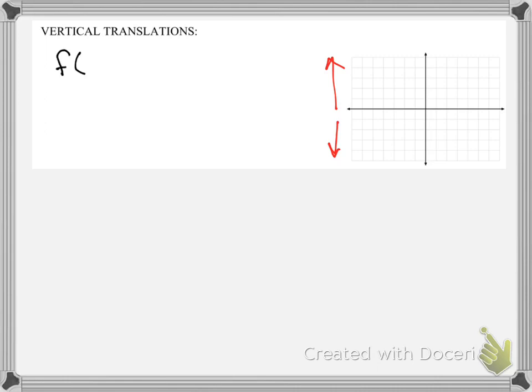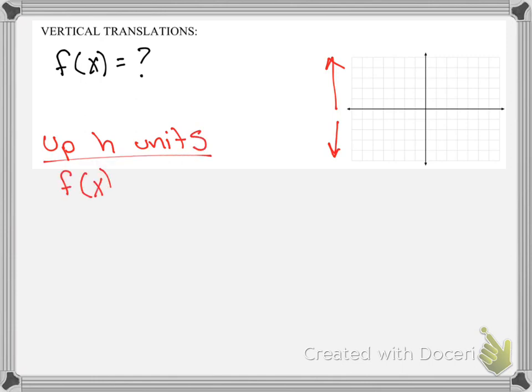If my original function is f of x equals something, and I want to move it up h units, I would take my original function and just add h on the end. So here I'm not adding the h to the x, I'm adding it to the end. That would move it up h units.